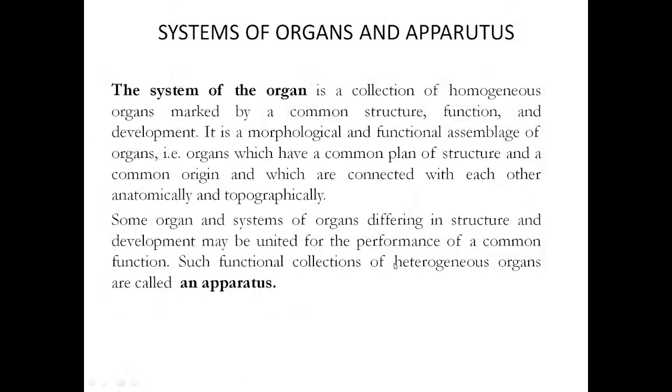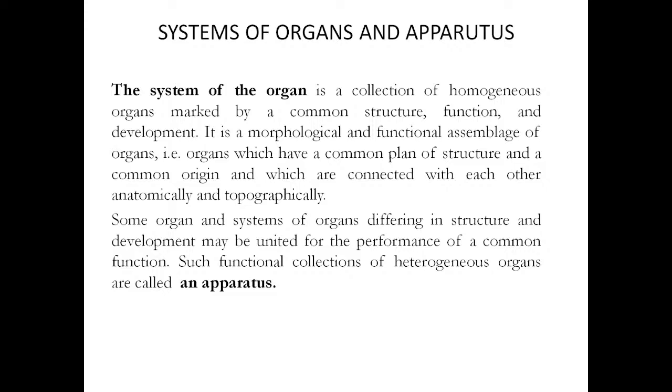A system of organs is a collection of homogeneous organs made by a common structure, function, and development. It is a morphological and functional assemblage of organs which have a common plan of structure and a common origin and which are connected with each other anatomically and topographically.